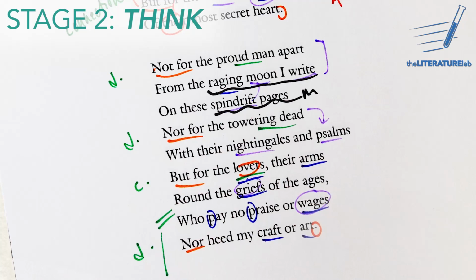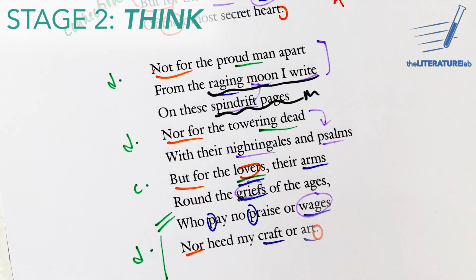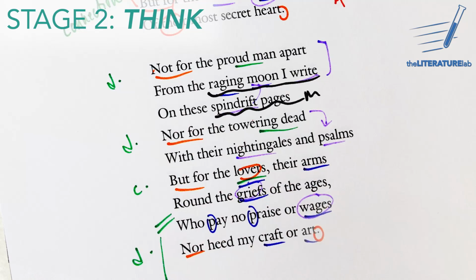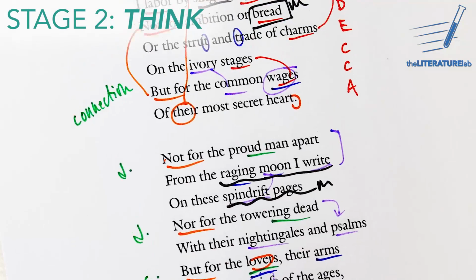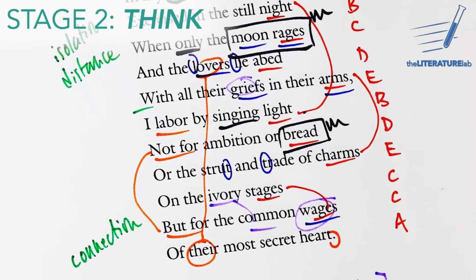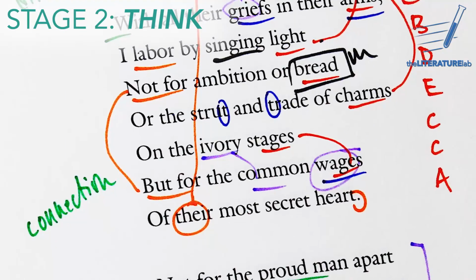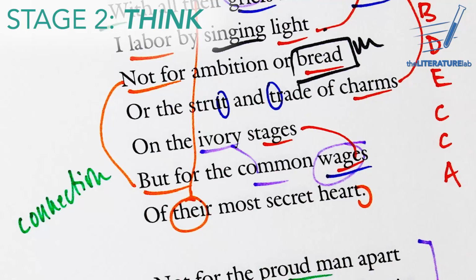Also for the towering dead who are writing other things, the sort of famous poets of the past. But again, he goes back to the lovers. So if he's writing for the lovers, going back to the first stanza, you can see that he's writing for them and specifically for the common wages of their most secret heart.